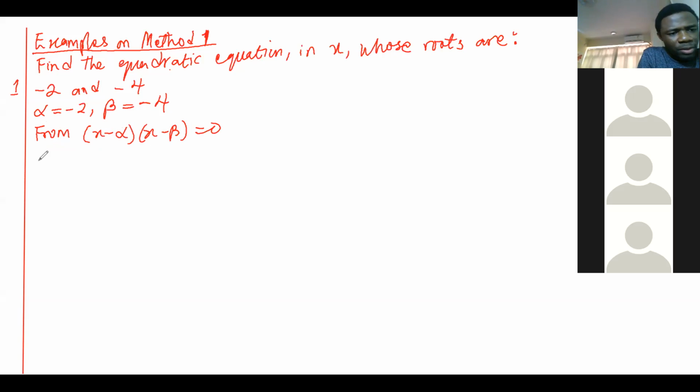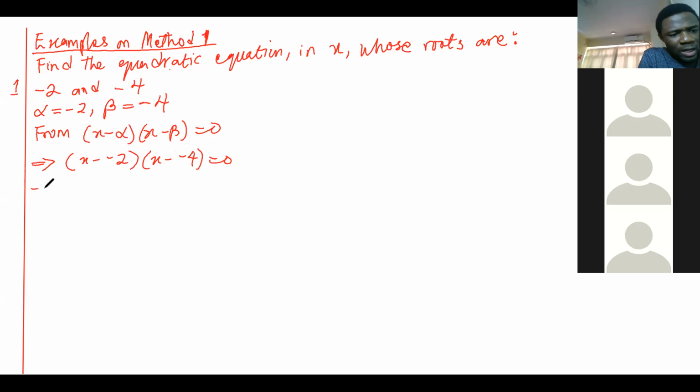this arrow means implies, all right? This implies that we have x minus -2, basically, then x minus -4 equals 0. This is your x, this is your minus, your alpha is negative. And also this is your x, this is the minus, your beta is also negative.